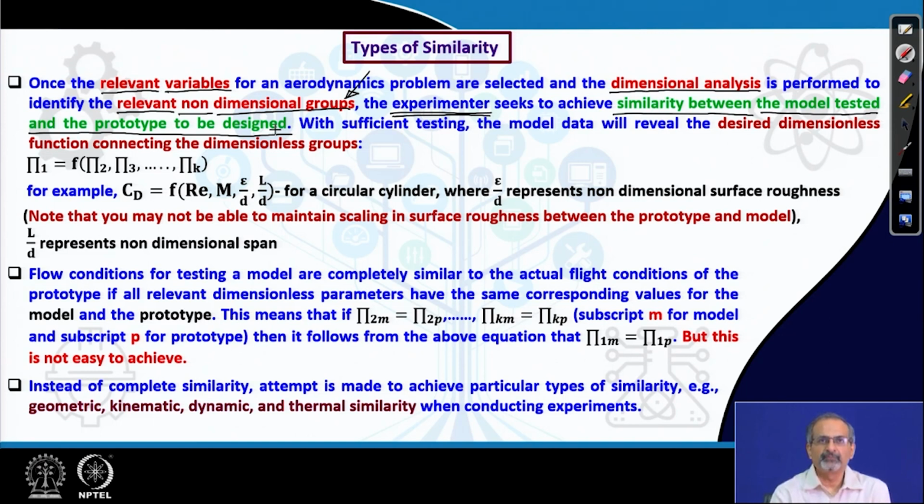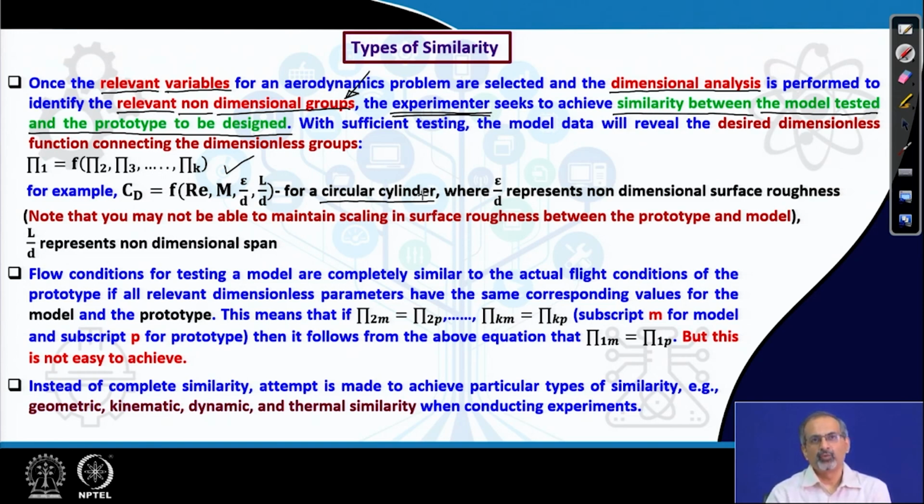Now, very often you may not be able to match the non-dimensional groups perfectly between the two, that is the reality. With sufficient testing, the model data will reveal the desired dimensionless function connecting the dimensionless groups. For example, if you are experimenting with a circular cylinder, it has a certain span, it has a certain diameter and you have fixed it in a wind tunnel test section and you are experimenting with it.